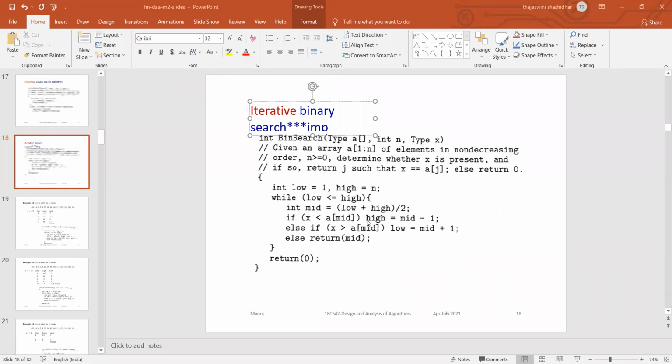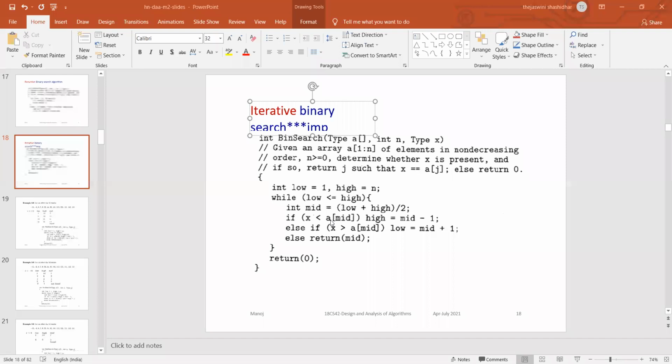These conditions are very important. If the key element is less than mid, you change the high position. Which parameter will be changed? The high parameter. If key is greater than A of mid, the low parameter will be changed.